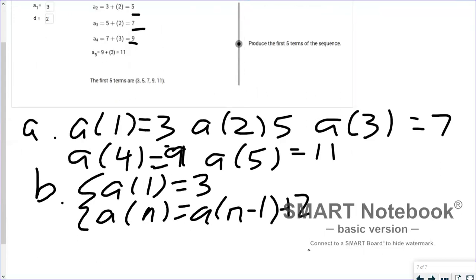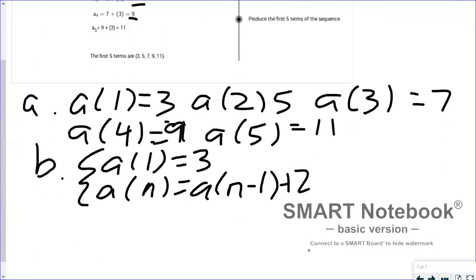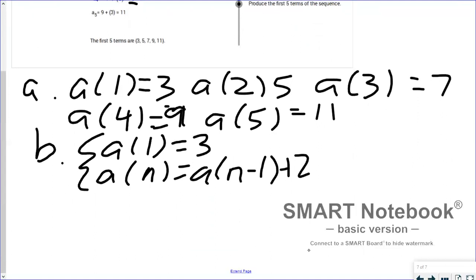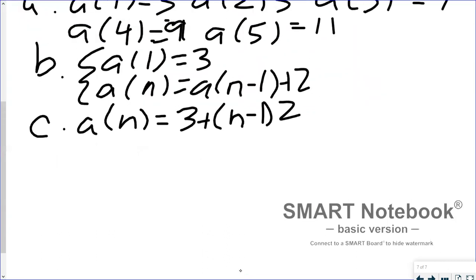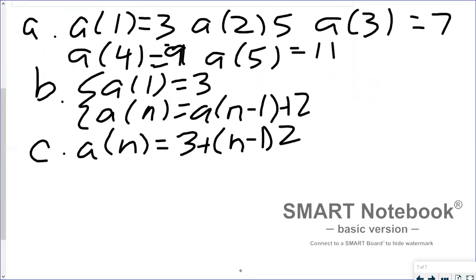And there's my recursive formula for part B. Now for part C, this asks us to find the explicit rule and find the 20th term. So the explicit rule will be in the form An equals 3 plus n minus 1 times 2. That's my explicit formula. Last step is just to find the 20th term.